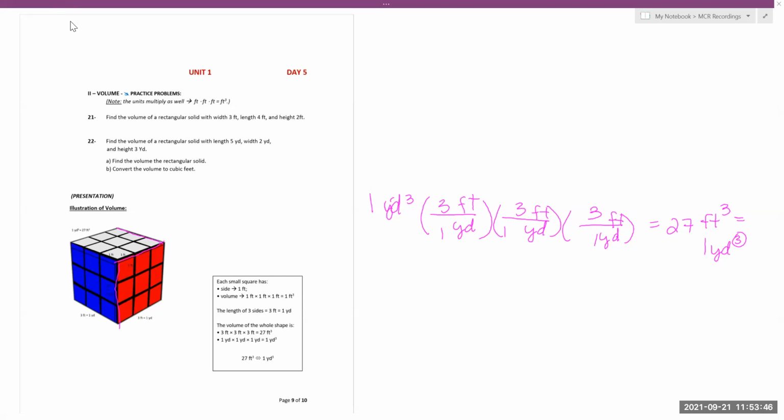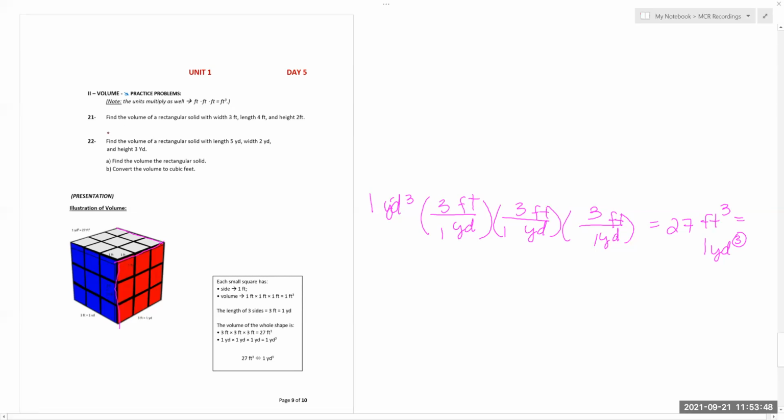So up here, if we want to find the volume of a 3 by 4 by 2, all feet, that's 12 times 2 is 24 feet cubed. Then we want to find the volume of a 5 yard by 2 yard by 3 yard. 5 times 2 times 3 is 30 yards cubed.